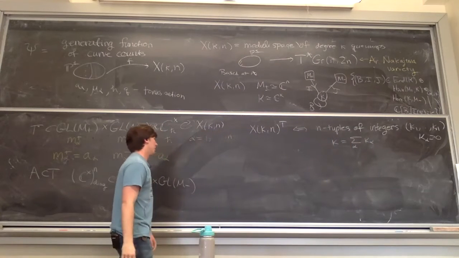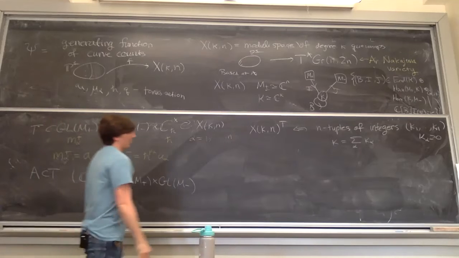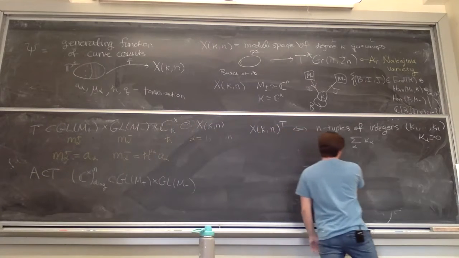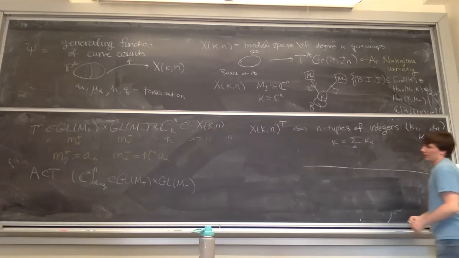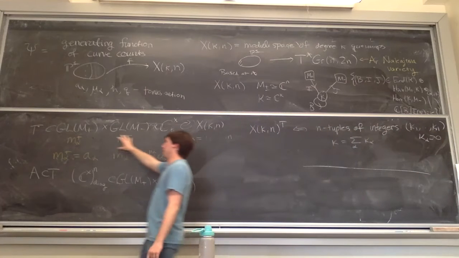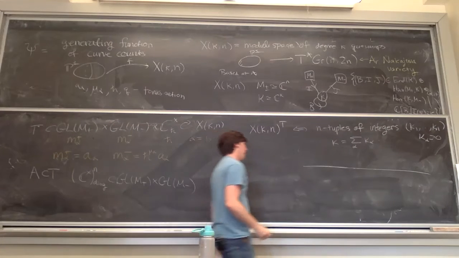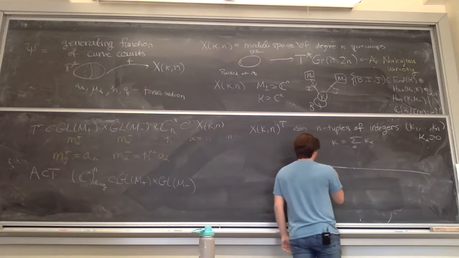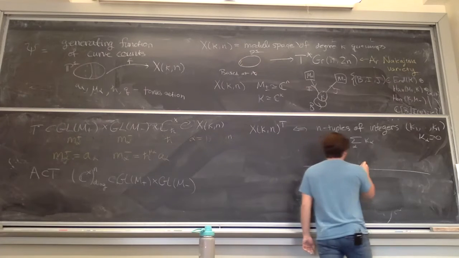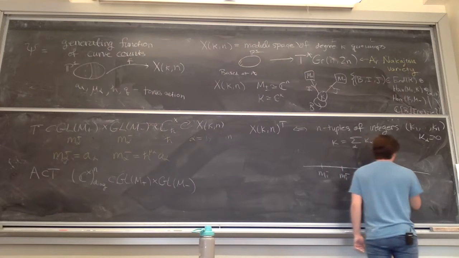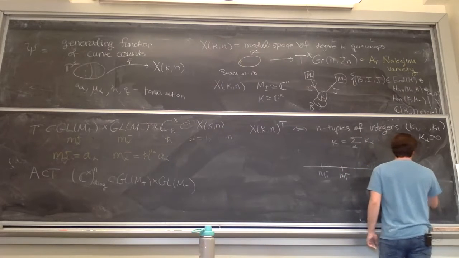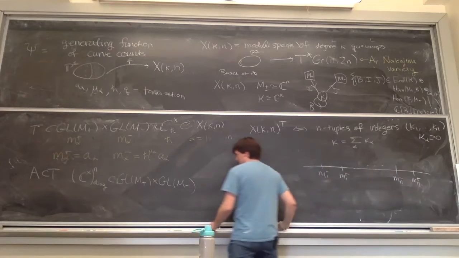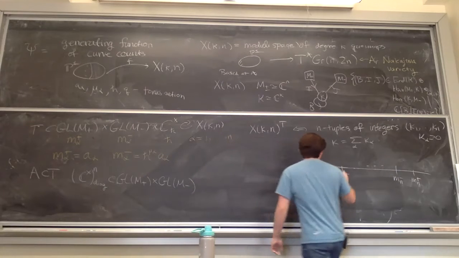Okay, so pictorially, a way to think about it is, if you think of the real masses in gauge theory, put them on the real line, pick some ordering. And what the fixed points look like is basically just dots and bins.